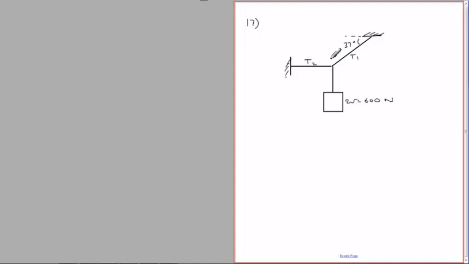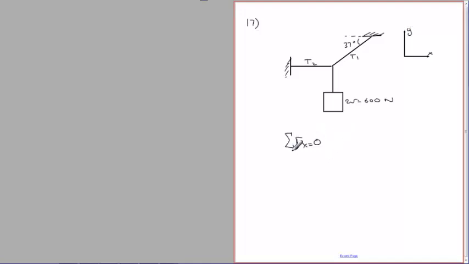And so nothing's moving. So what happens is there are two equilibrium equations. There's the sum of the forces in the x direction equals 0, where we're going to define our coordinate system as such. There's the x direction, there's the y direction. We'll define positive x in the right direction, positive y in the vertical direction.